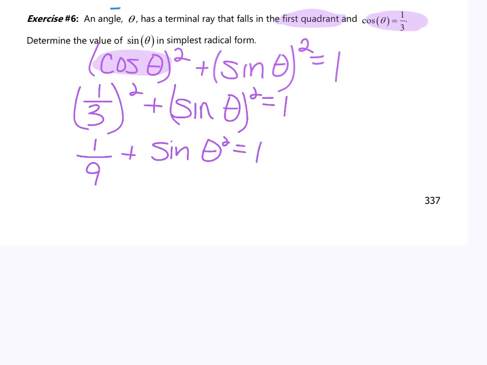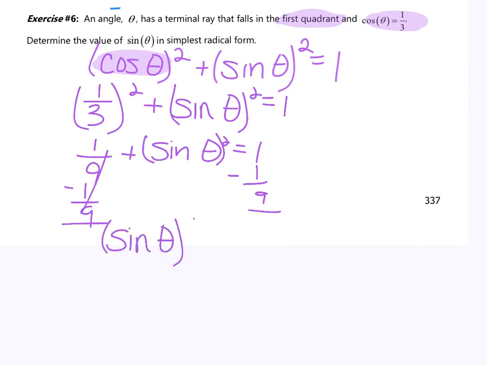Okay, I want to get the sine of theta by itself, so I'm going to subtract the 1/9 from both sides. And that's going to give me the sine of theta squared equals 8/9. I'm going to take the square root of both sides to get rid of that.